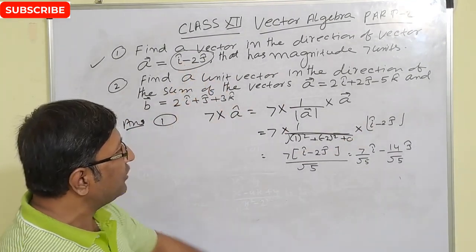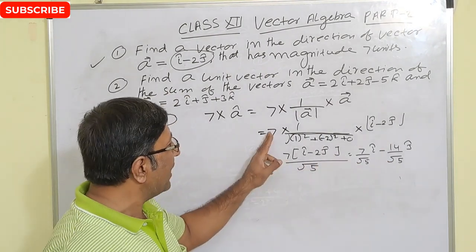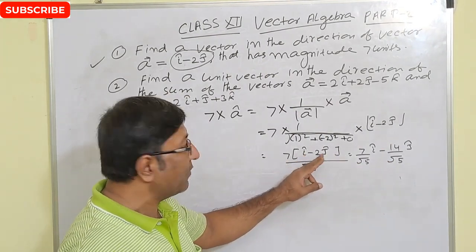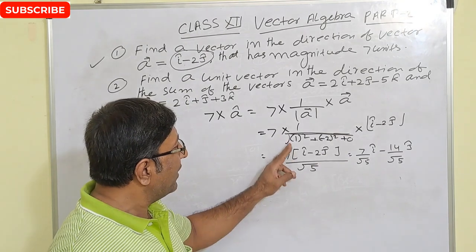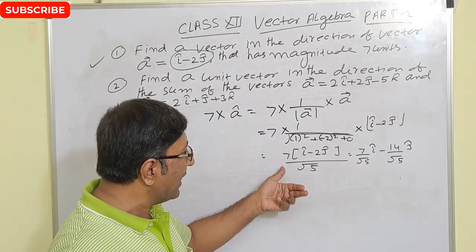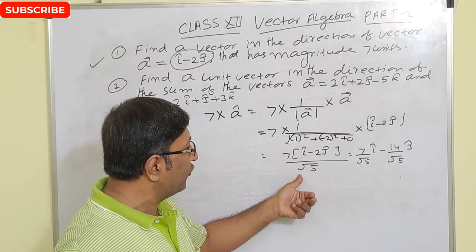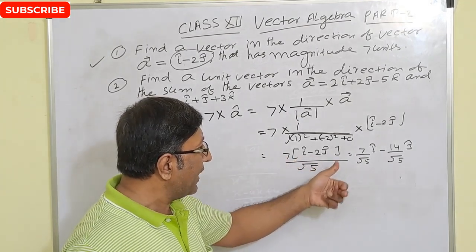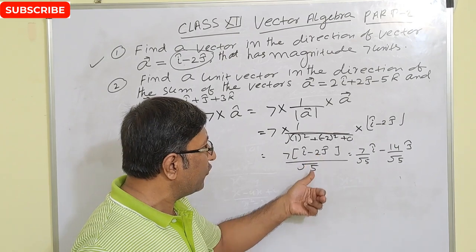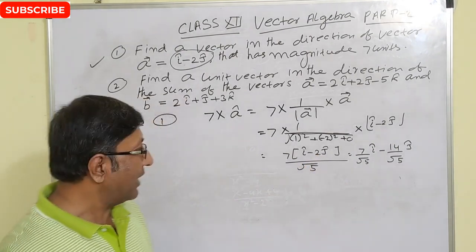So now 7 into (i minus 2j) divided by the square root of 5. Separating unit vectors i and j, we get 7 upon root 5 unit vector i minus 14 by root 5 unit vector j. This is the right answer.